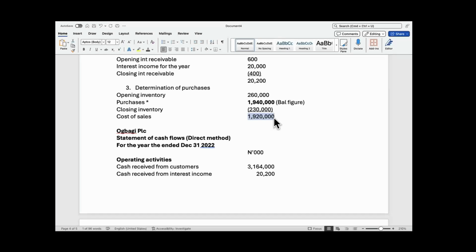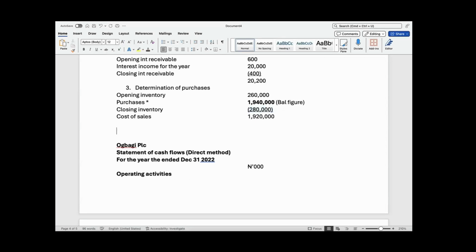But in this case now, that's not the case. This is 280 now. In this case now, 260 minus 280 is minus 20. If it goes to the other side of the equation, it becomes positive. When you add it to 1920, is 1940.